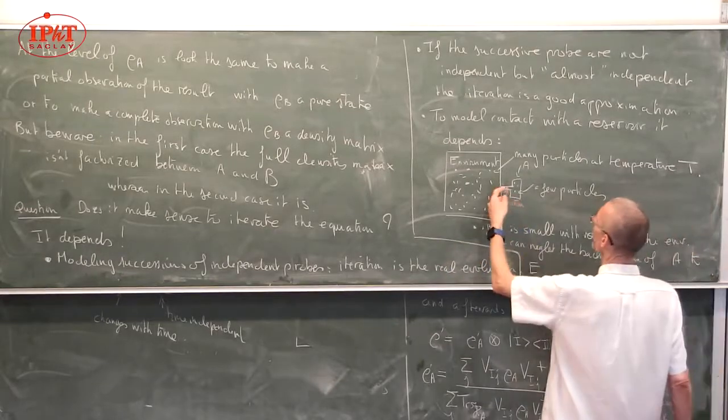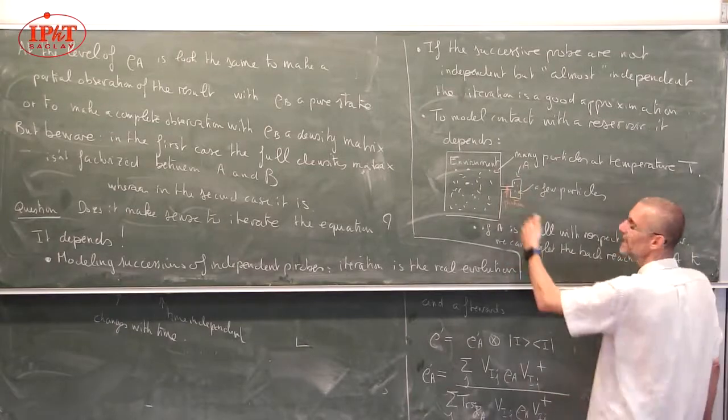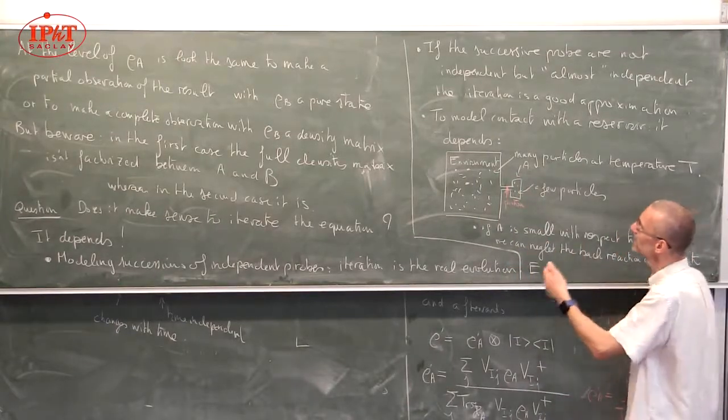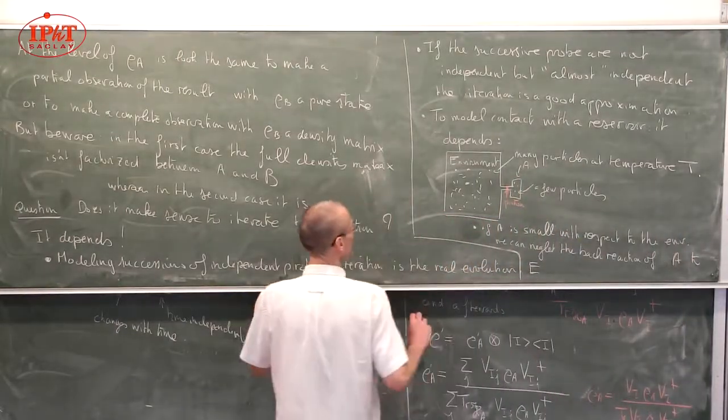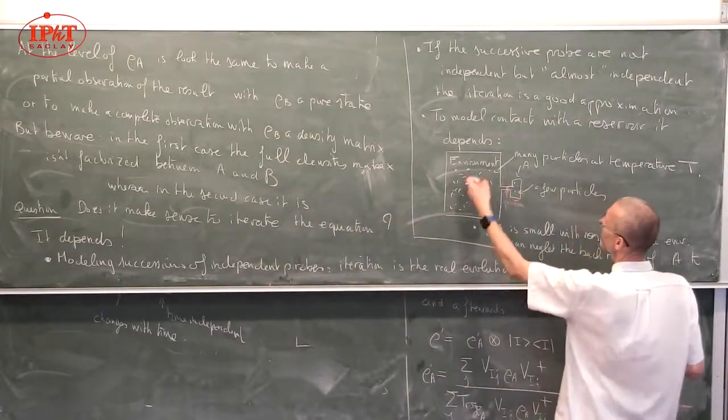And as they go away, when they hit the piston, they have some interaction with A, they get correlated with A, whatever. But then they leave, and they start to experience collisions with the other molecules.